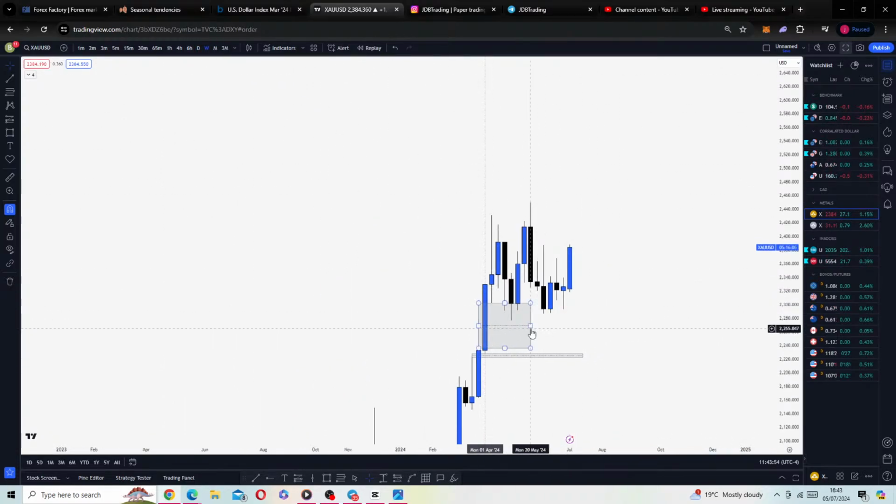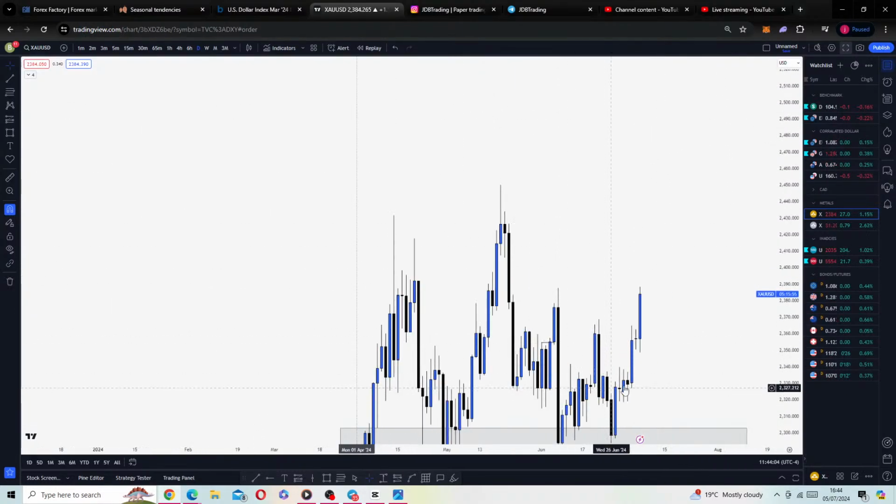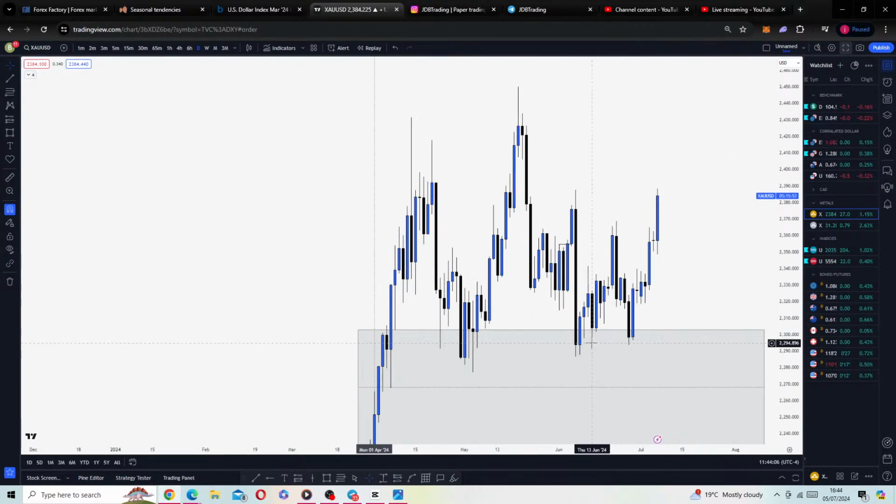The weekly fair value gap has been respected right here. Simple stuff really. Daily break of structure, so we've got a downside run on liquidity here, taking out this high. Anything else coming into this fair value gap could go higher.